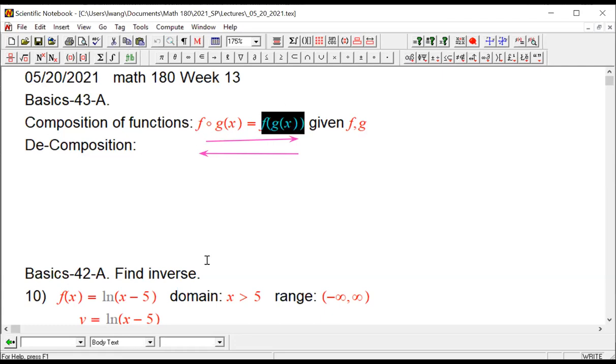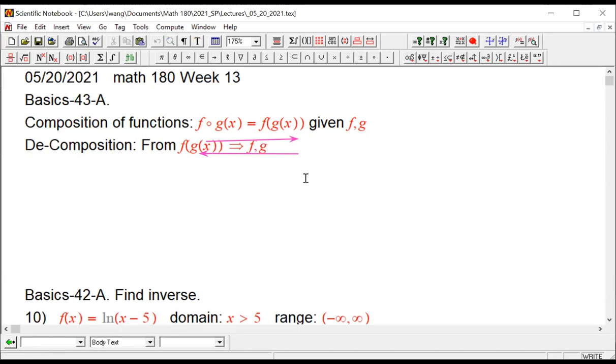The decomposition is, from the already composed function, to discover f and g. I hope I have clarified what is the intention. So the decomposition is the opposite of a composition in this regard.